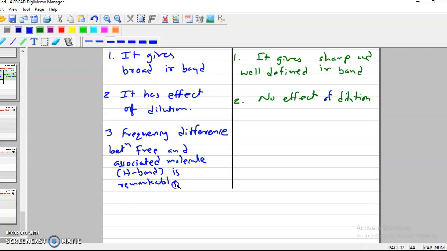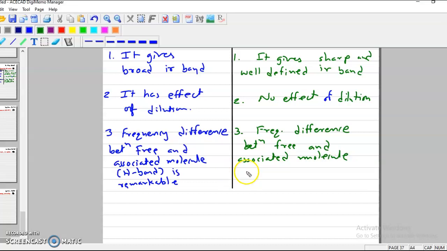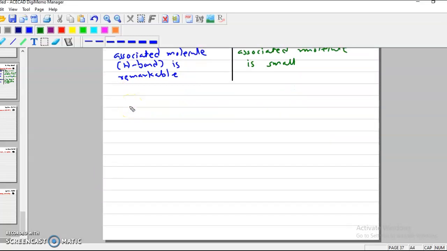So you find quite a change between the frequency value of the free molecule and the one which is having hydrogen bonding. In case of intramolecular hydrogen bonding, the frequency difference between free and associated molecule, those having hydrogen bond, is very small. So it is not so remarkable. So this is all about the difference between intermolecular and intramolecular hydrogen bonding.